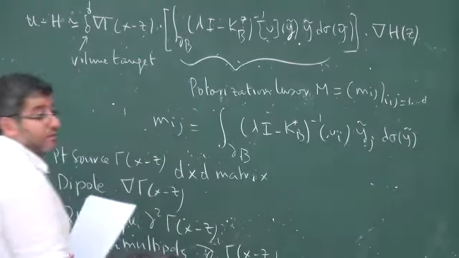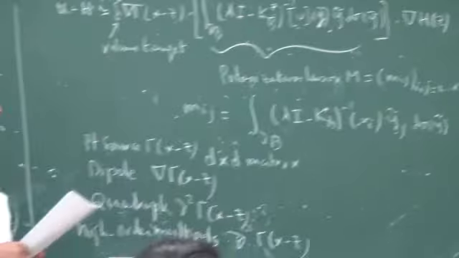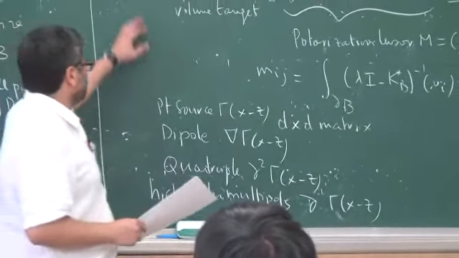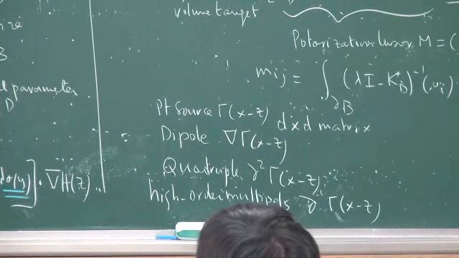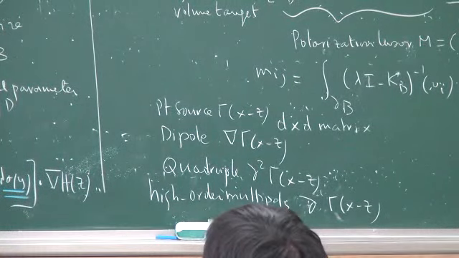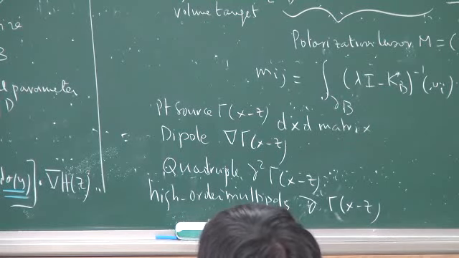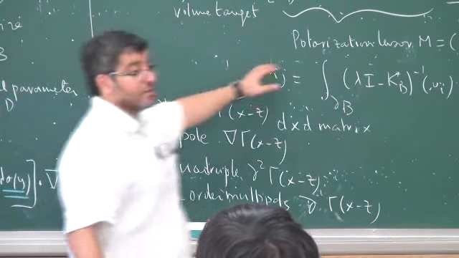Okay. So when we make this asymptotic expansion in terms of the size of the inclusion, it looks like a dipole. Okay, makes sense.